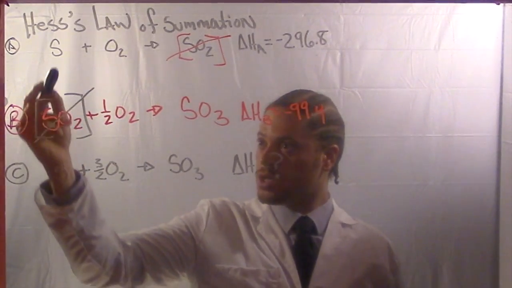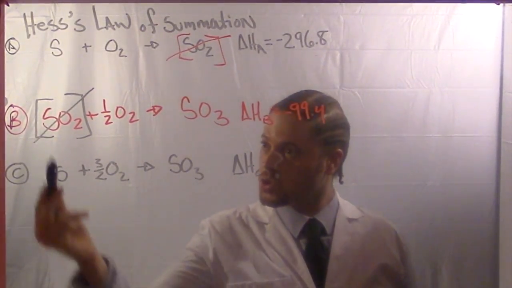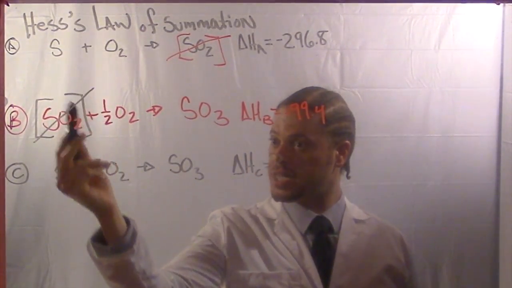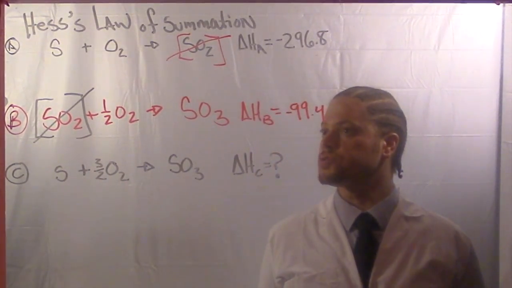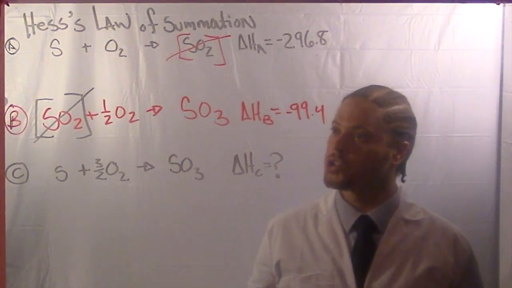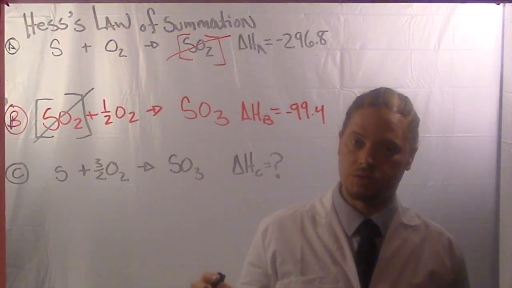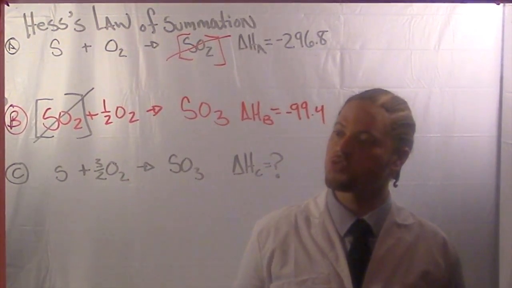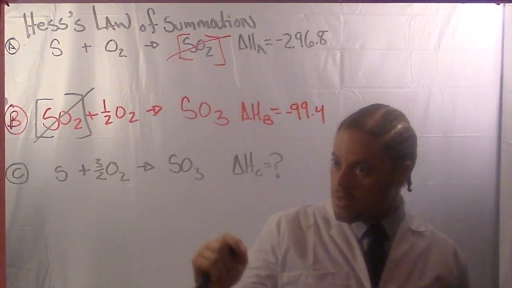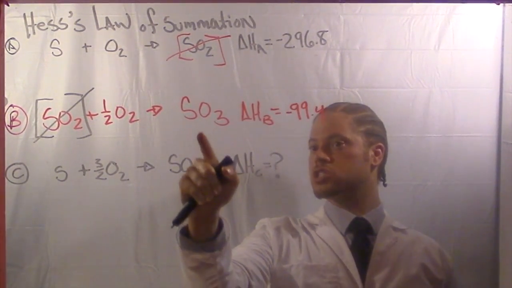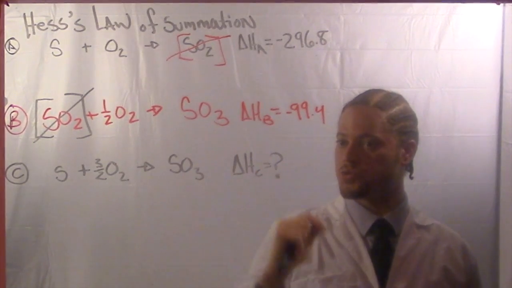I've got one equivalent of sulfur in the reagents. I've got one equivalent of O2 plus 1/2 equivalent of O2. 1 plus 1/2 is 3/2 O2. And it produces what's left over as our SO3.